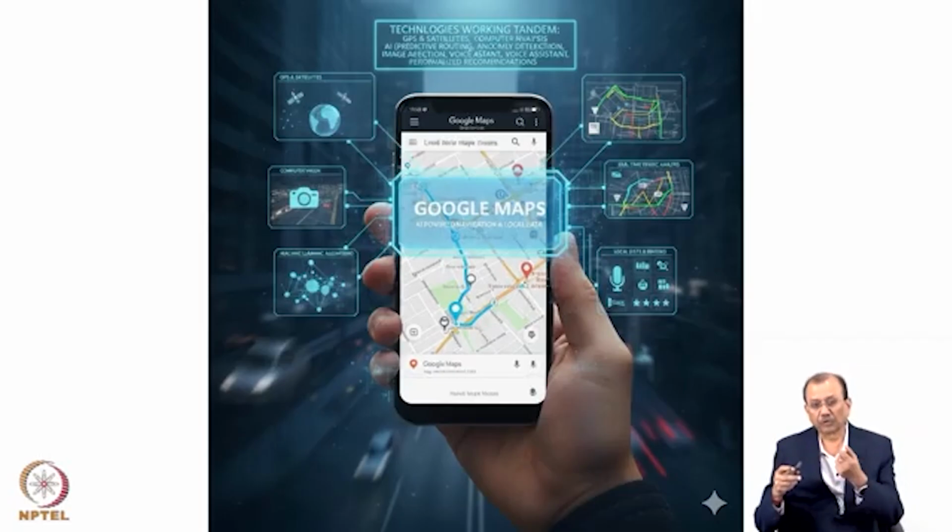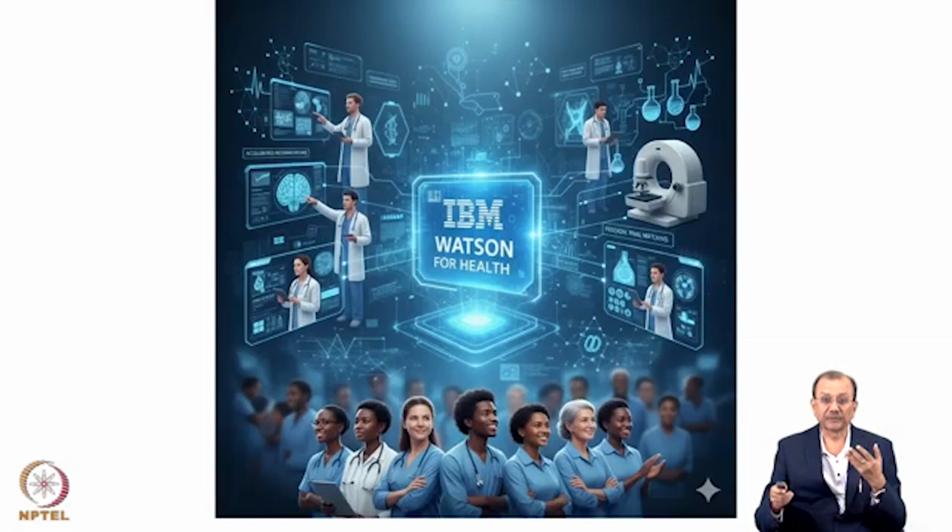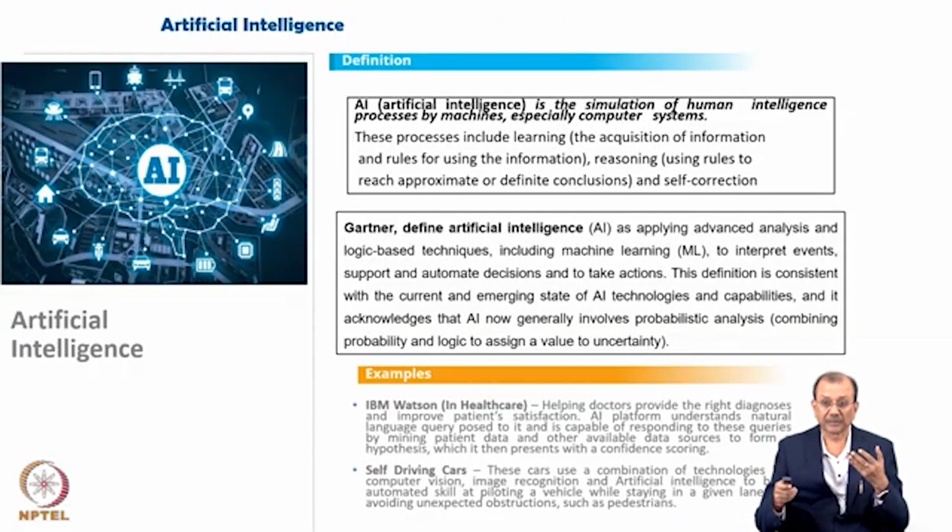We all know about the usage of Google Map, and it is being updated with the help of satellite images on a nearly real-time basis. So this kind of application is possible only with the help of artificial intelligence, which we started learning now.